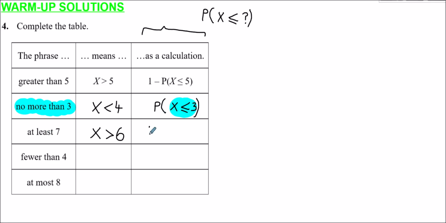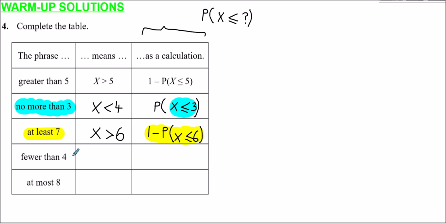So we do 1 minus the probability that x is 6 or under. This calculation here will leave us with everything where x is 7 or higher, because we're subtracting the option that it's 6 or less. So at least 7 means this.